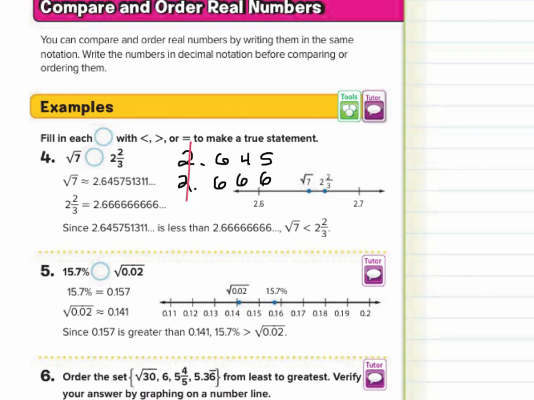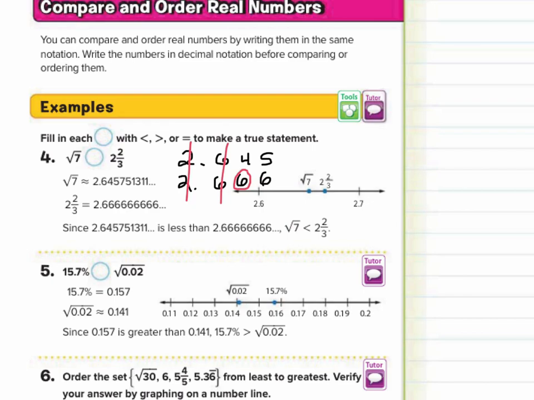These are the same. Now, this 6 is bigger than that 4 here. So the 2.645 is smaller than the 2.666. So our square root of 7 is less than 2 2/3.